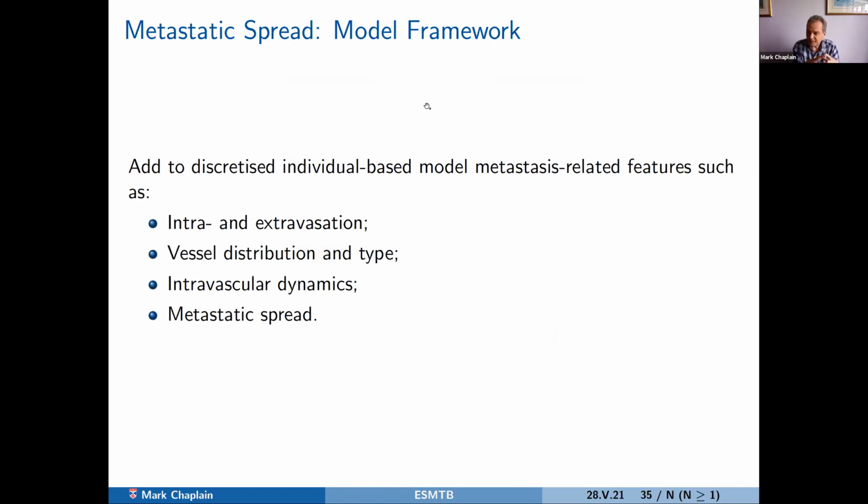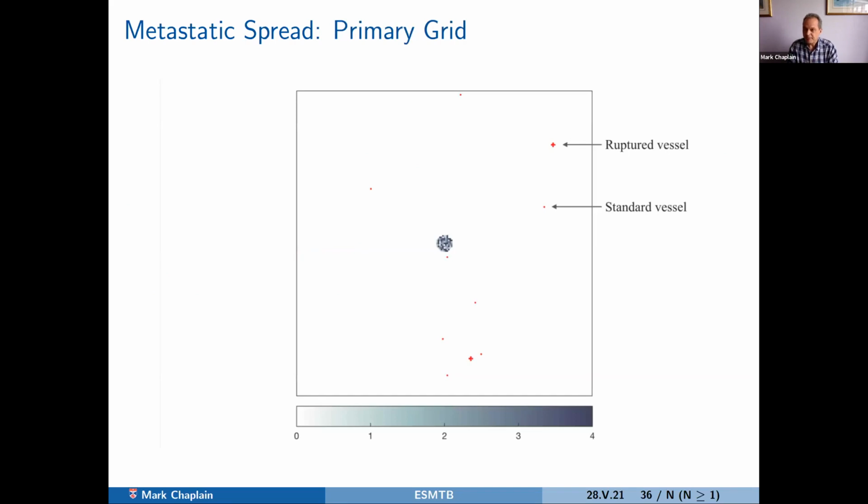The other aspect of the metastatic cascade we need to account for is the interactions with the blood vessels. So we need blood vessels in our system, and then the probabilities of intravasation and extravasation, the probability of survival in the blood, and then getting out into the secondary tumor. So this is our primary grid with our epithelial and mesenchymal cancer cells in the middle, very similar to before, but now on random grid points we've placed blood vessels.